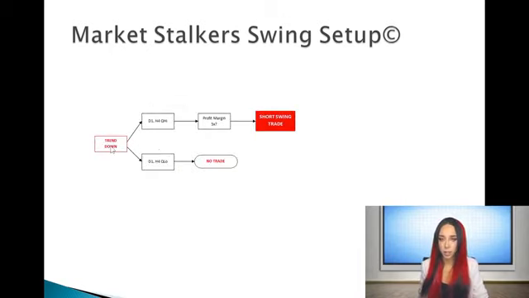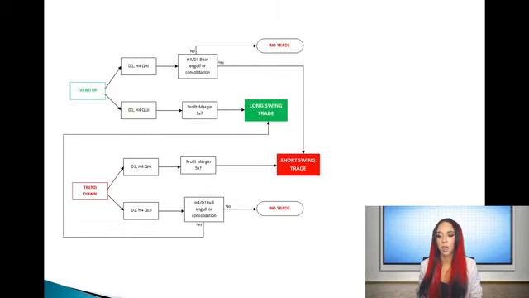So if you have a trend down, you're looking for a D1 or a 4-hour Q high, with the area having a profit margin of about 5 times, and that would be your setup for a short swing trade.